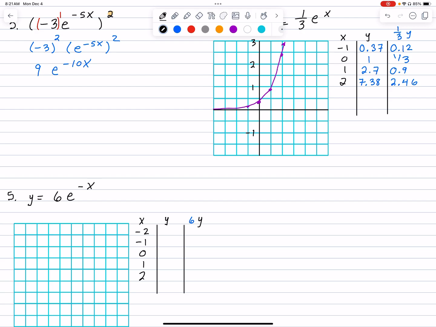So let's get in some numbers. Be careful. Remember, when you're plugging in your numbers, for example, when I plug in -2 into this, it's -2 or +2. So in other words, we're going to get 7.38.